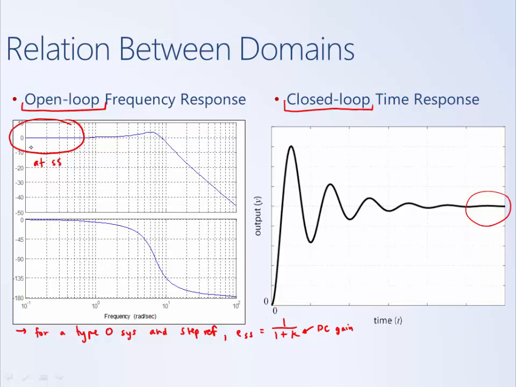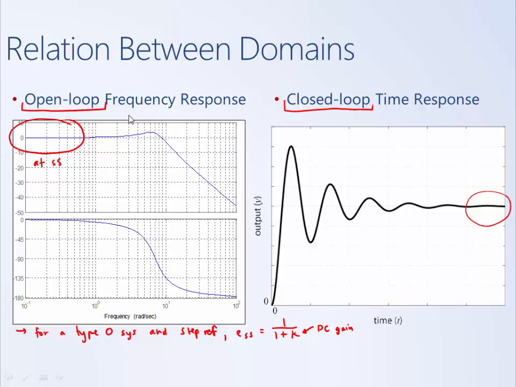So at low frequencies, a system tends to have a magnitude that's 0 dBs or greater, meaning you put in a sinusoidal input and the output is either equal in magnitude or it's amplified. As you make the input faster and faster, have a higher frequency, oftentimes the system can't keep up. And so what it does is it starts to attenuate the input.